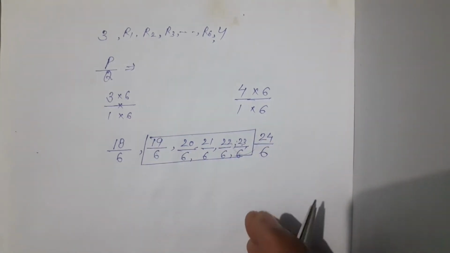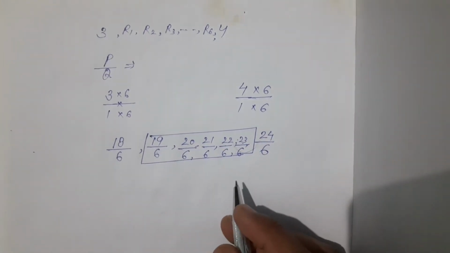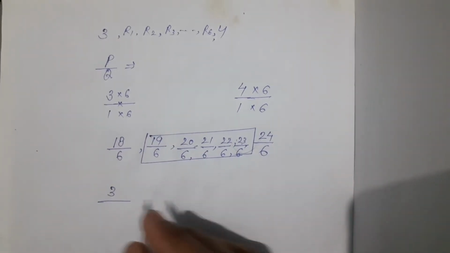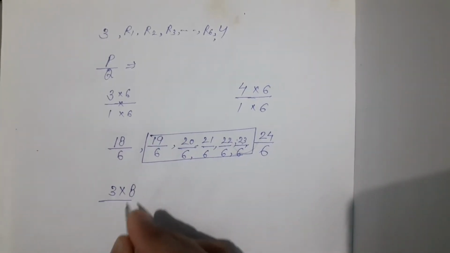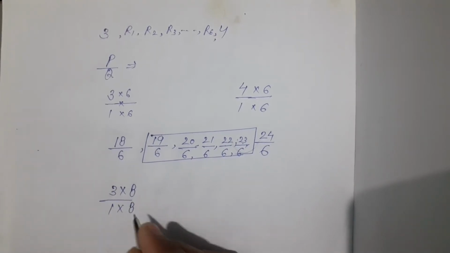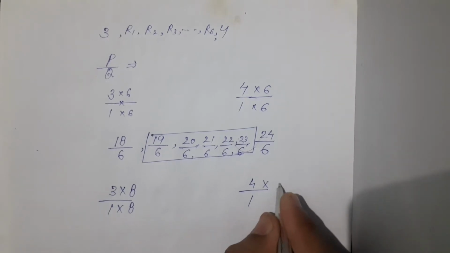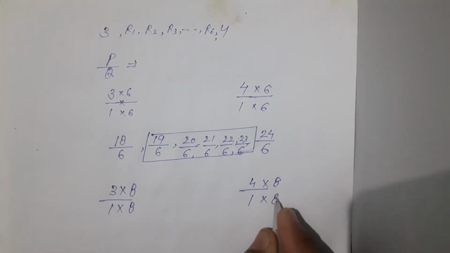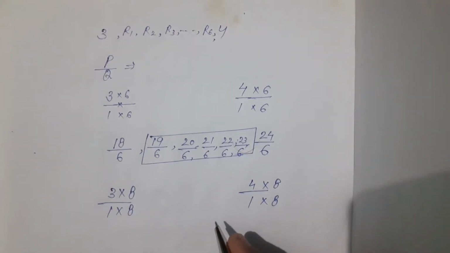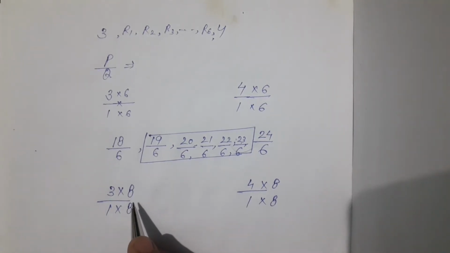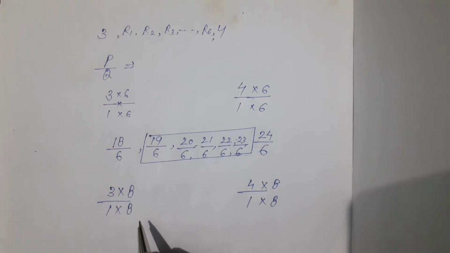If you want more than 5, like 6 or 7, then you can multiply 3 by the same number in the numerator and the denominator, and 4 upon 1 likewise, because there will be no effect on the rational number when we multiply the same number in the numerator and the denominator.